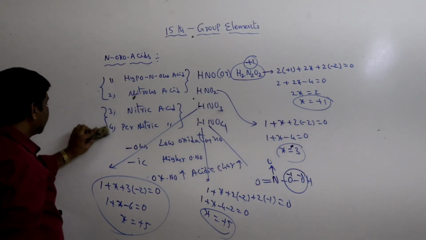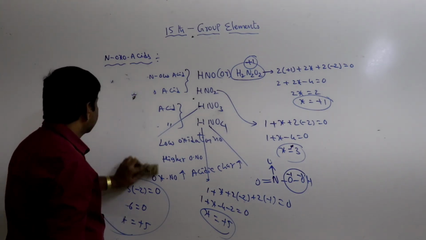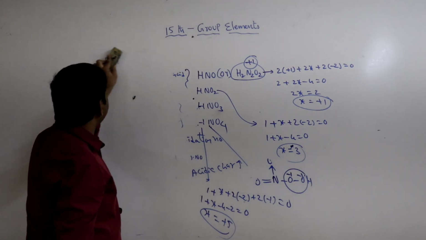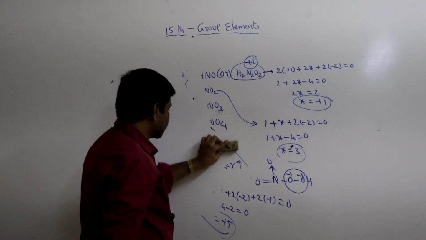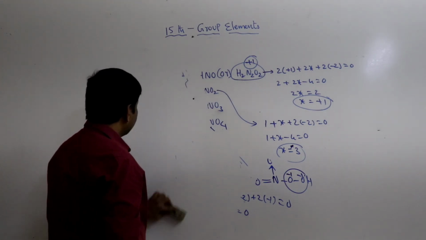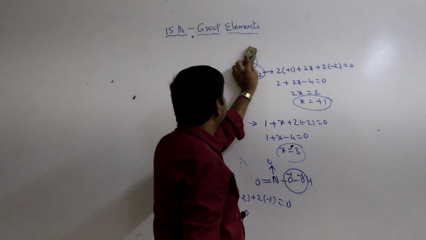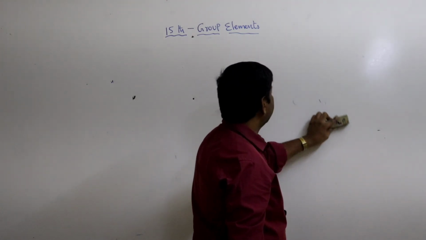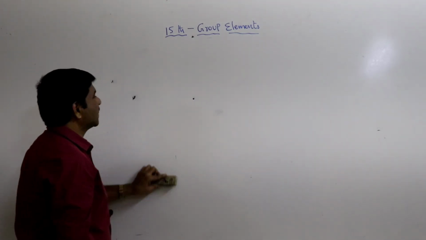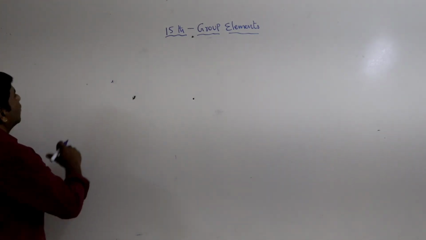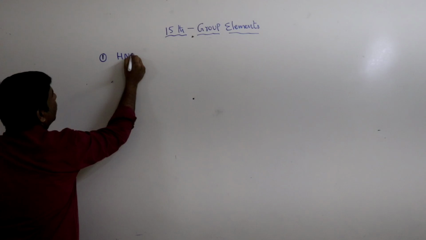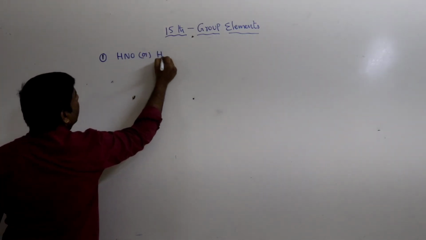And also the nitrogen oxo acid structures. Nitrogen oxo acids also have structures like phosphorus oxo acids. Nitrogen oxo acids mainly have hyponitrous acid, HNO or H2N2O2.